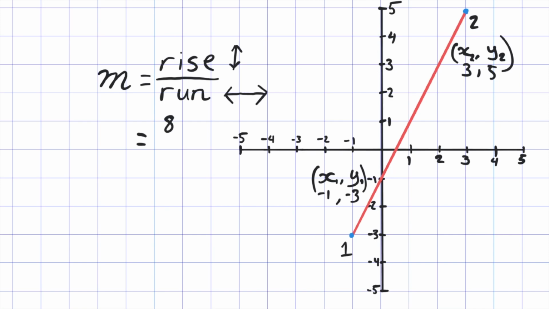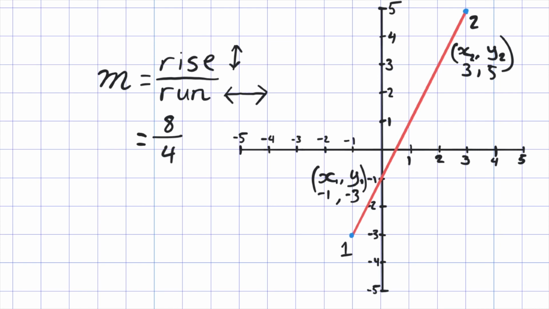Now, we're actually going to do the same thing for the run as well. And you've probably guessed it, if the rise was the difference or the amount traveled along the y-axis, well then the run, being left and right, needs to be the distance you've traveled along the x-axis, which in this case, from -1 here, 1, 2, 3, 4, along the x-axis to get from point 1 to point 2.